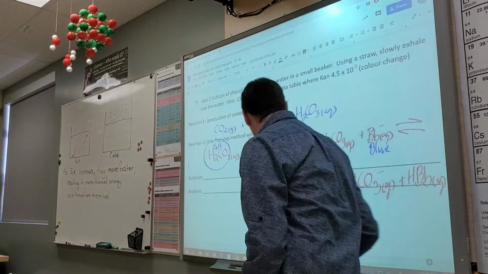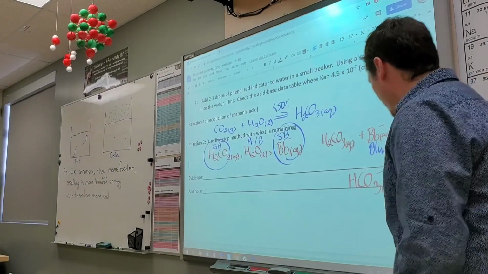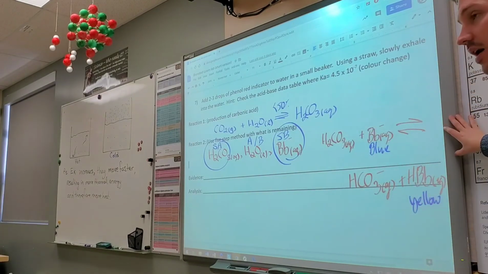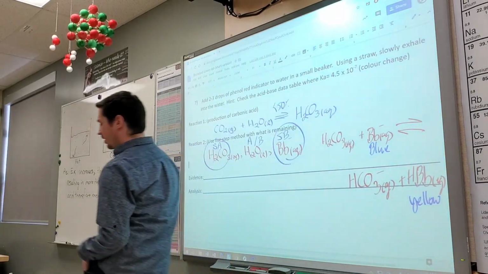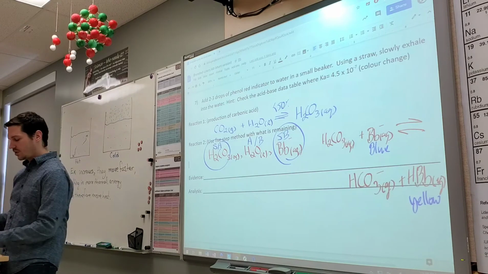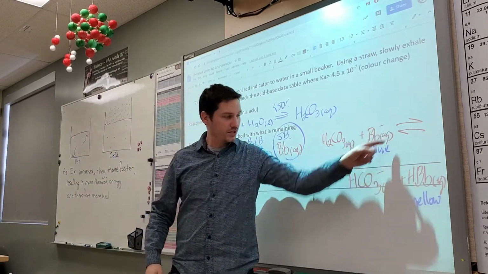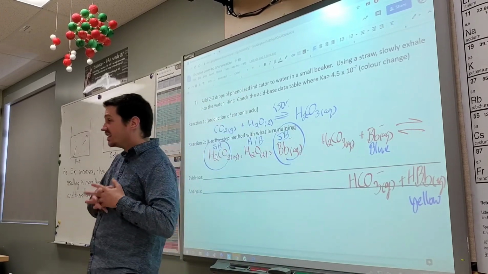So this thing is yellow. How can I get this equilibrium to shift towards the products? I can add more carbonic acid. Does that make sense? When I add more carbonic acid, when I blow into this straw, I'm shifting the equilibrium from the blue version into the yellow version. Are we okay with that?